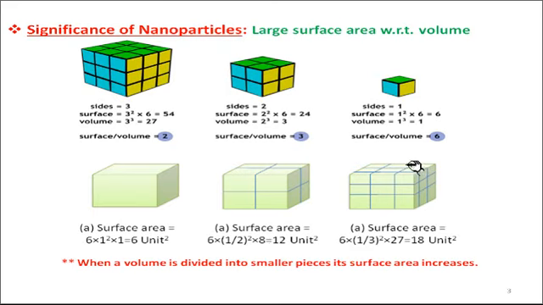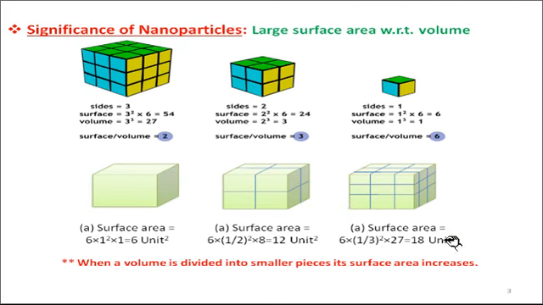Accordingly, in the case of surface area for this particular cube, you have divided this cube into a total of 27 smaller cubes. So whatever the overall surface area you will get, although the volume is absolutely the same as the original cube, the surface area here is 54 unit square.